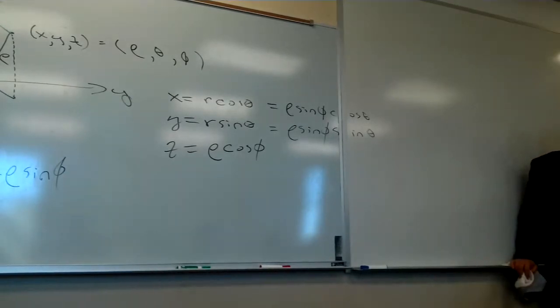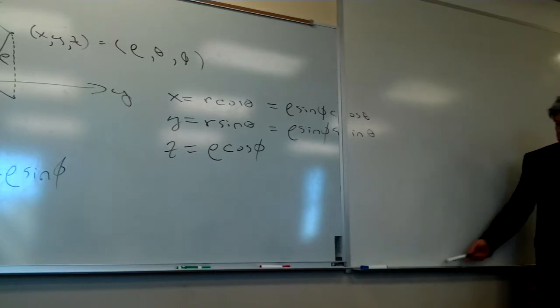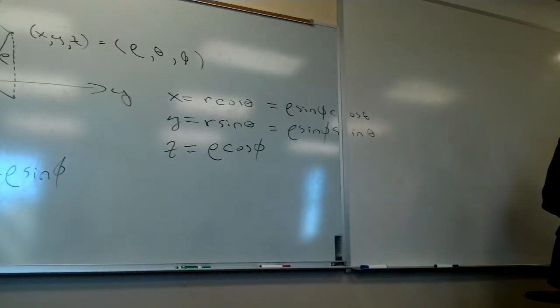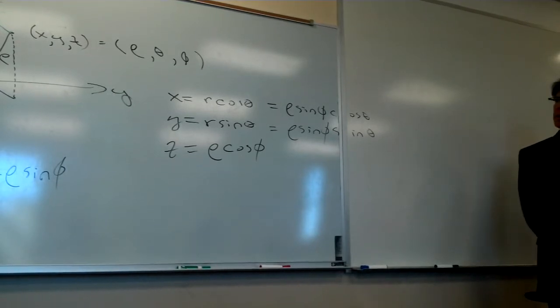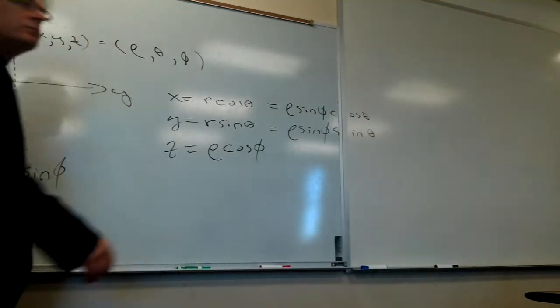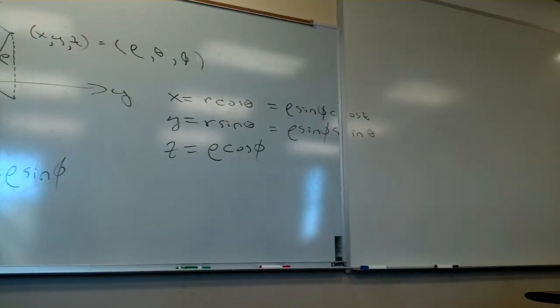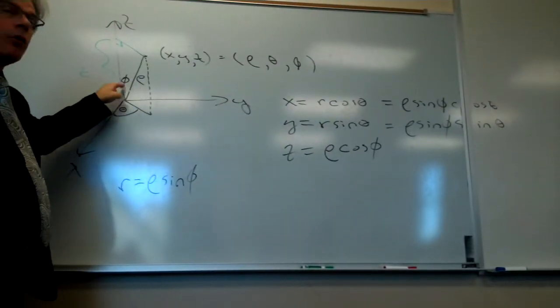So far, so good? Yes, please. I'm hung up on something. Why was theta equal to 1 a plane? Because theta is an angle, and if you fix theta at 1 radian, I know what direction I'm looking in the xy coordinate plane. But I didn't tell you what phi or rho was.